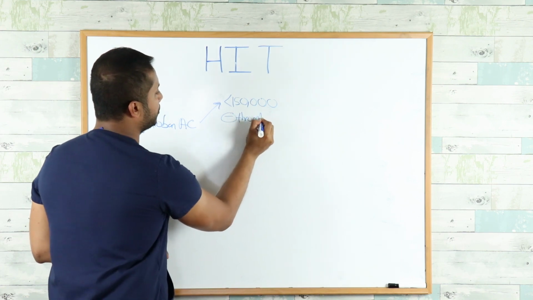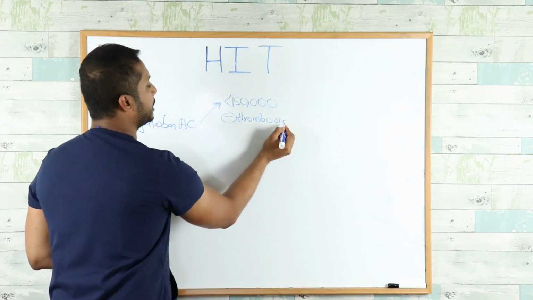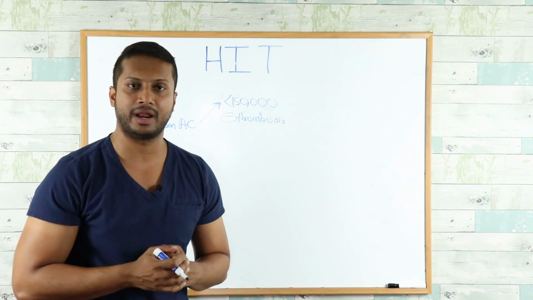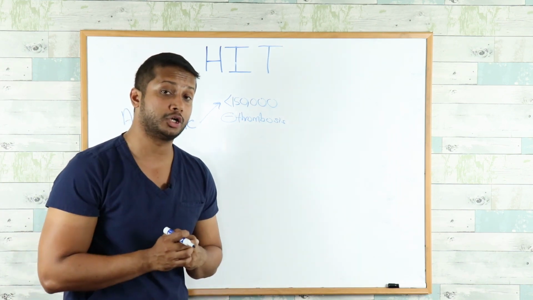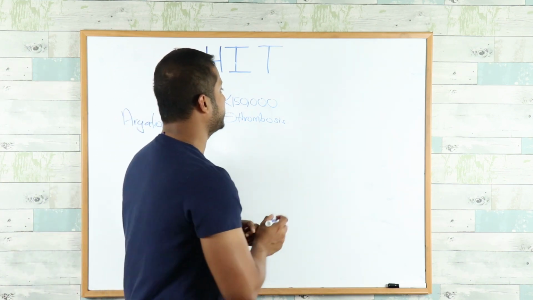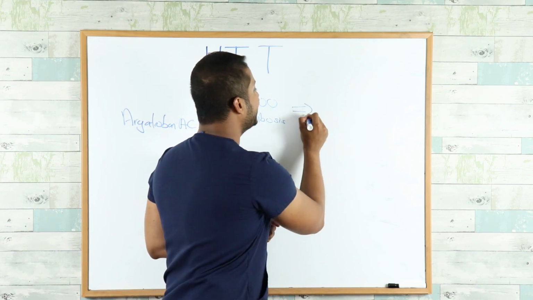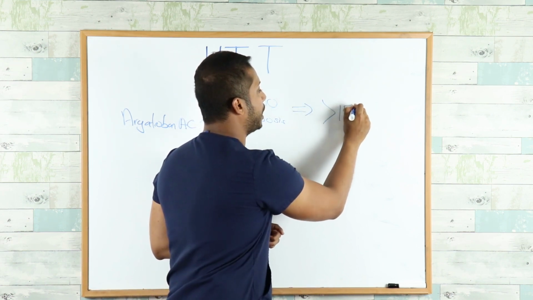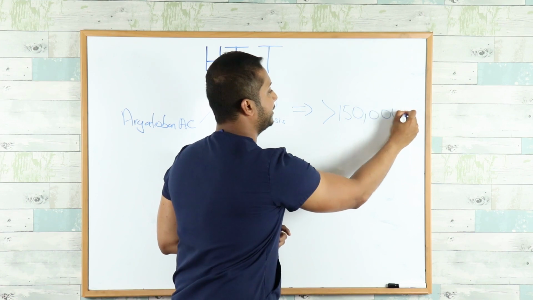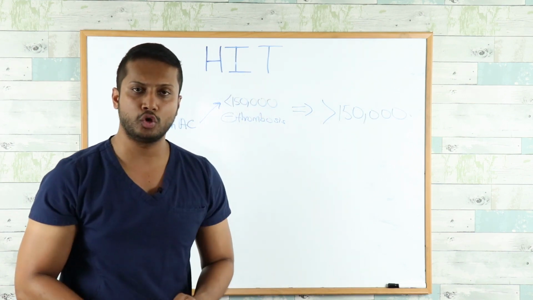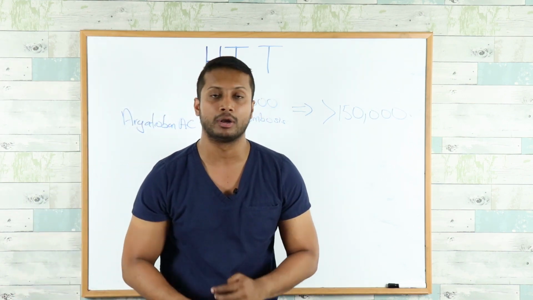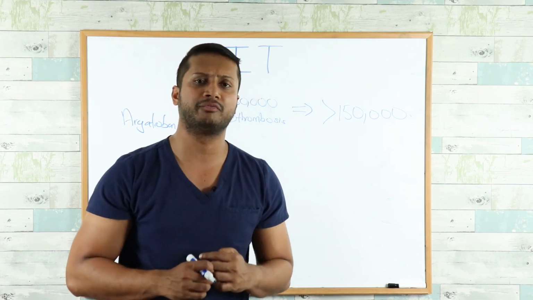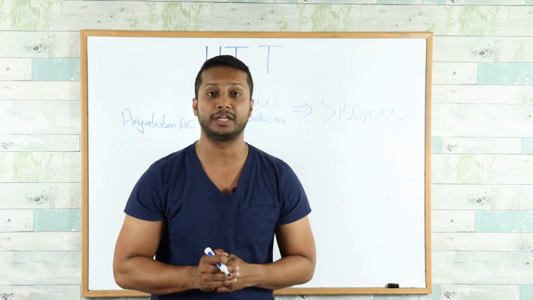So there is no thrombosis, but the platelet count is less than 150,000. At this point, you will treat this patient with anticoagulation until your platelet count goes above 150,000. That's your treatment. So if there's no thrombosis, you focus on your platelet count. Get your platelet count above 150,000 and then you can stop the anticoagulation.